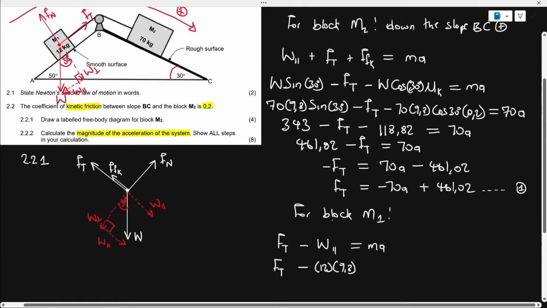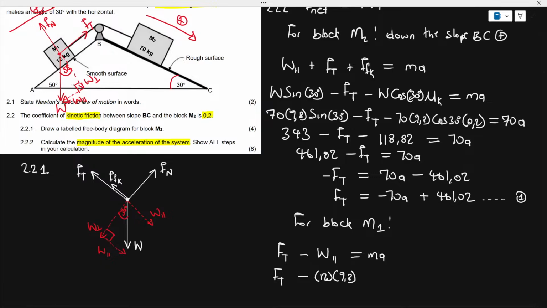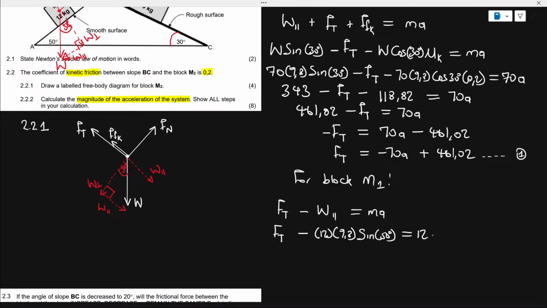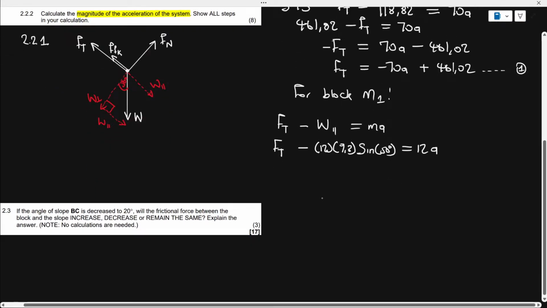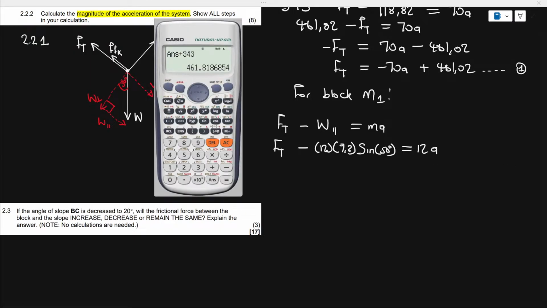And so the parallel component, if you want to confirm the expression, we can see that the parallel component is opposite in this triangle. So opposite over hypotenuse is sine. So we will multiply this by sine of 50 degrees, equal to 12a. Okay? And so now we can simplify this using our calculator.